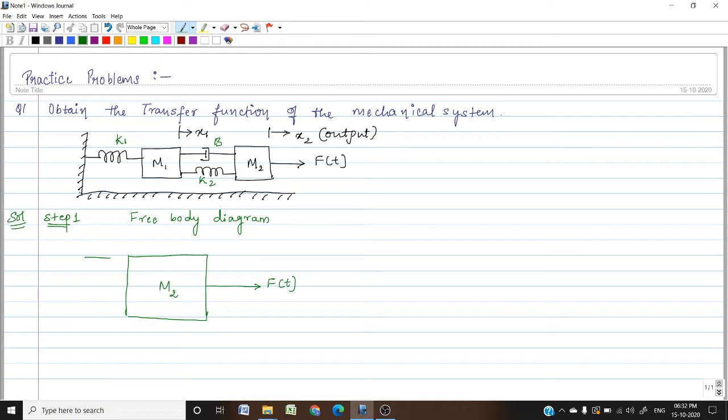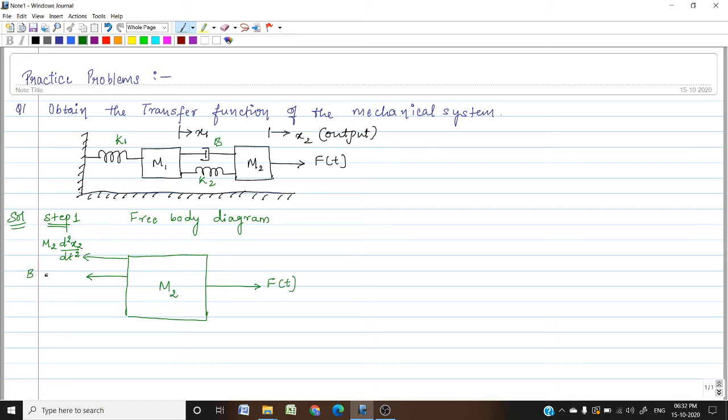Next we have the reaction force to this input force. First one is due to the mass of the body. The force is given by m2 d square x2 by dt square. Next we have the reaction force due to the damper.